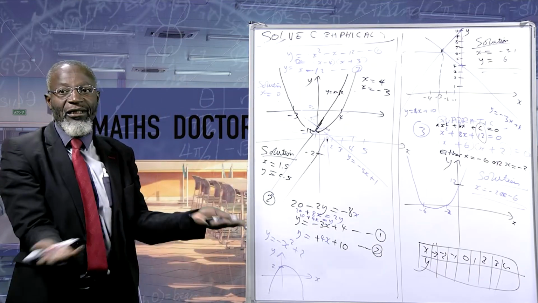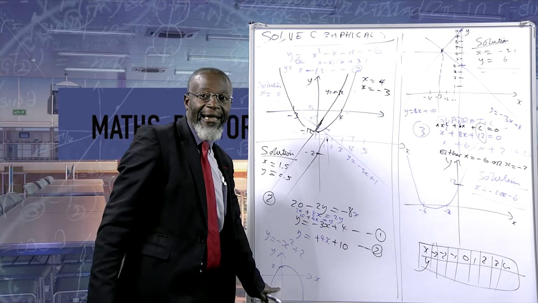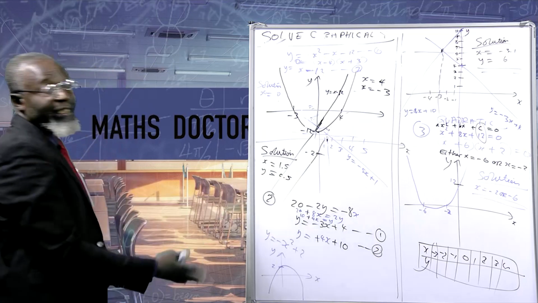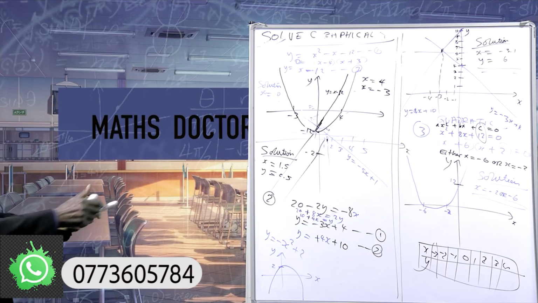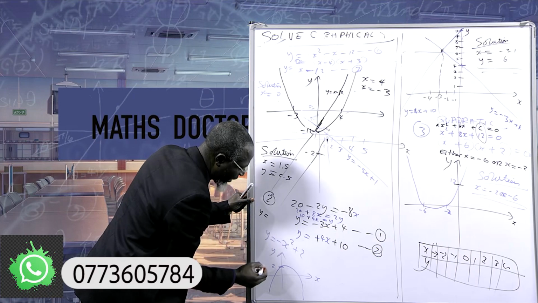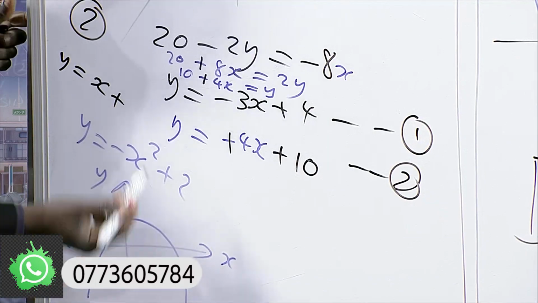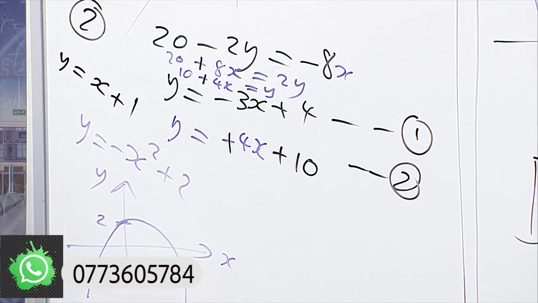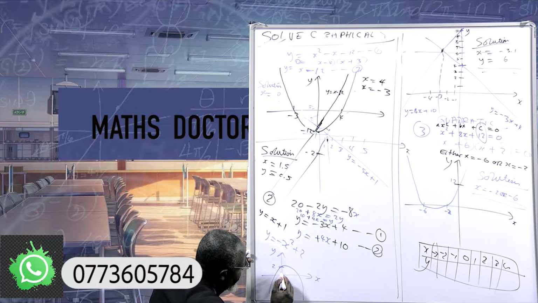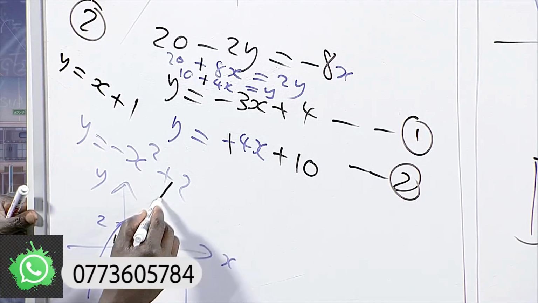It means if I'm solving graphs with two equations, I'll draw the other one onto this one, and then solve it. For example, if I have been given two equations, this one and y is equal to, let's say, x plus 1. It means x plus 1 will cut here because 1 will be here, and this is positive, so it will come and cut here.